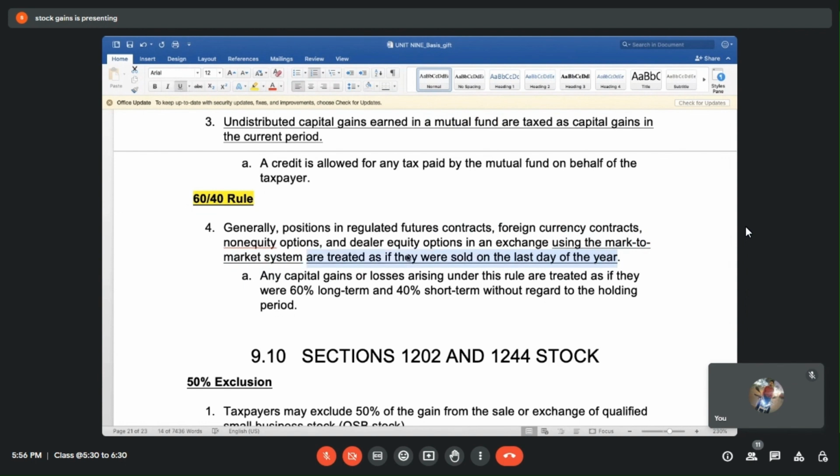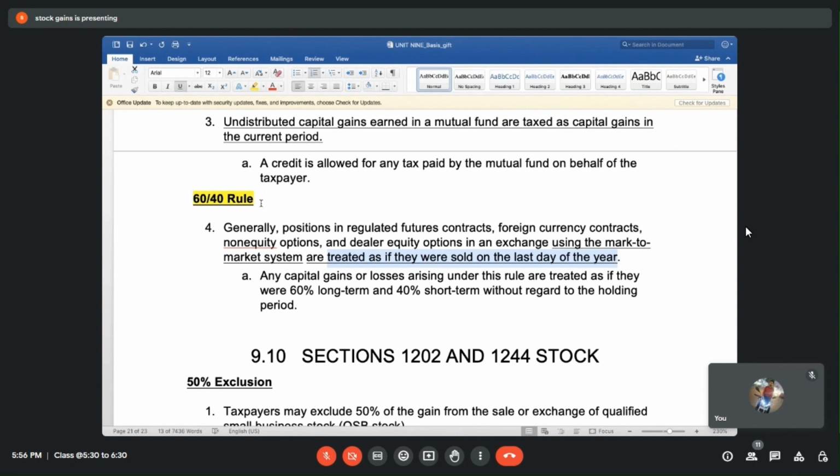When we do a mark-to-market calculation, we always assume they were sold on the last day of the year, and we have to see the change in the value of those assets from the beginning of the year, or from the time they were bought if this is during the year, to the end of the year. That is called mark to market.